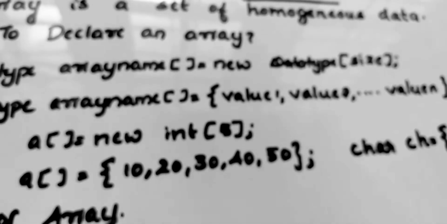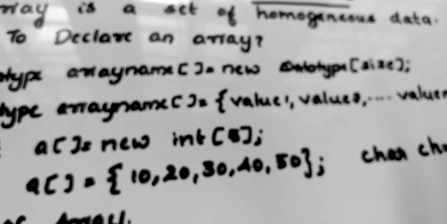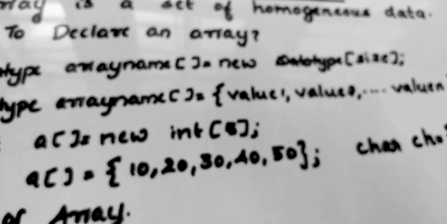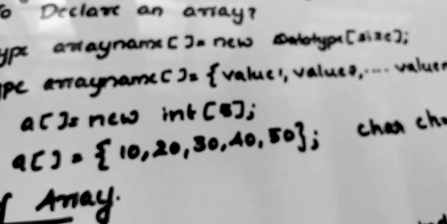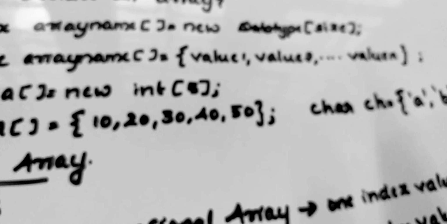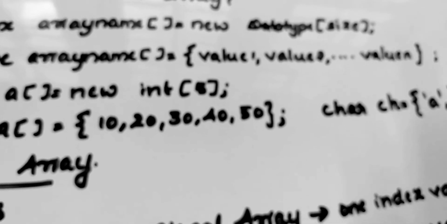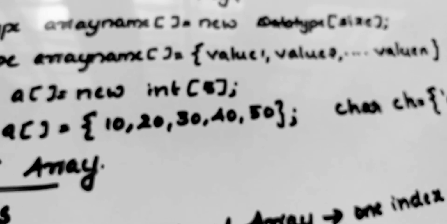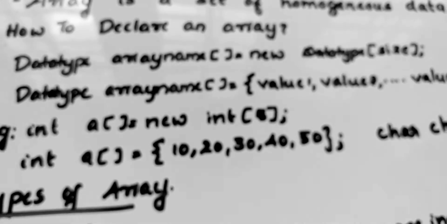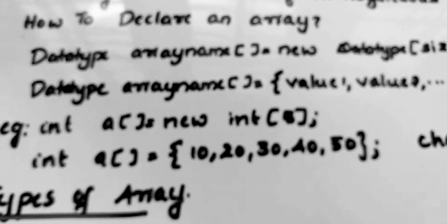Whether we have 10 values or 5 values, whatever the number, we can insert the values into the array, each value separated by a comma. After that, close the curly brace and put a semicolon to terminate the statement. So these are the two methods of declaring an array.